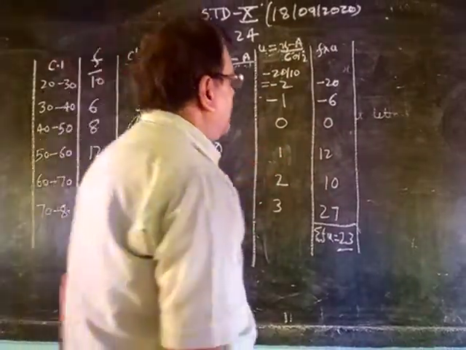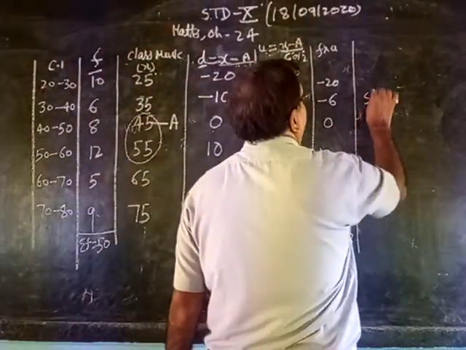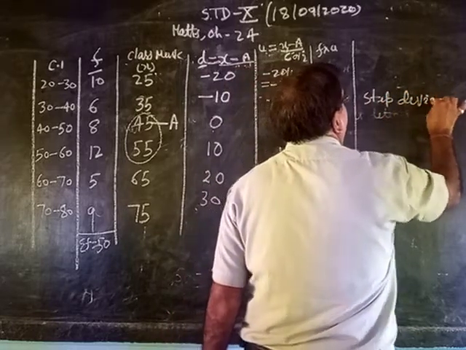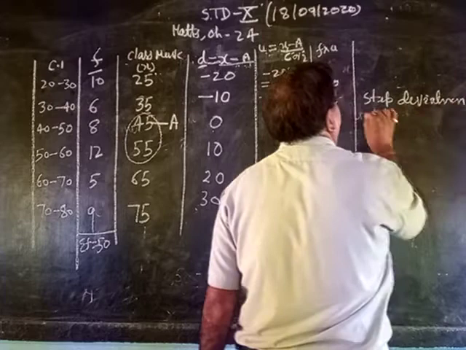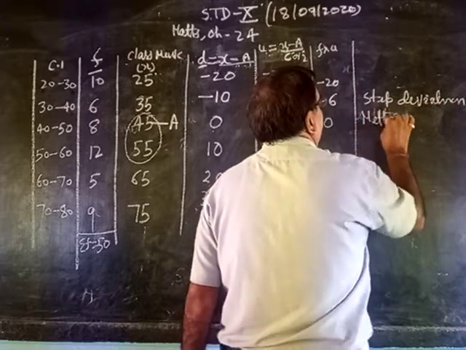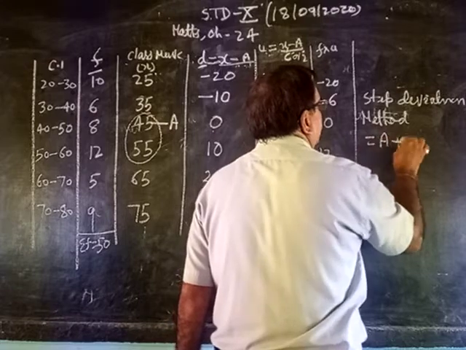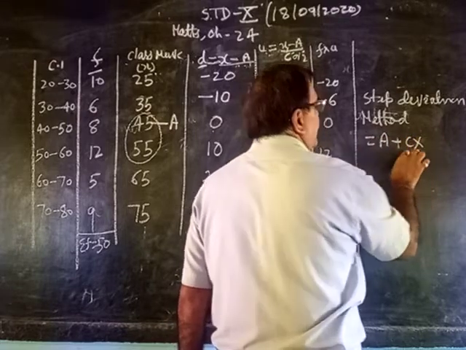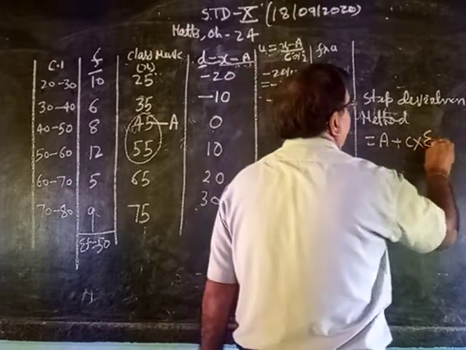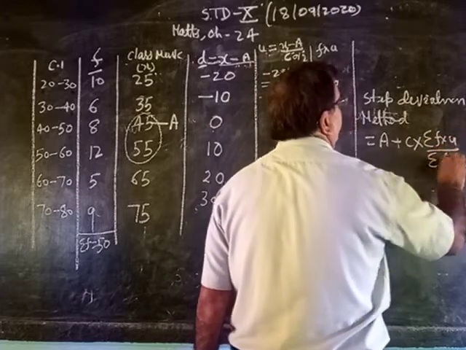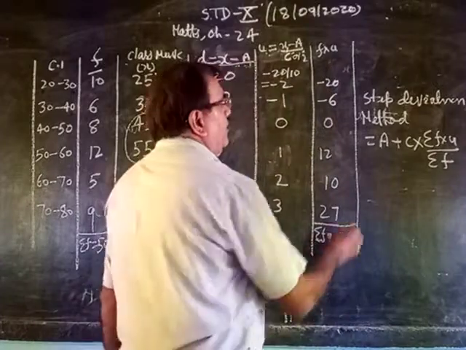Then for the step deviation method, the formula is A plus c into sigma f into u by sigma f, where c is the class size.